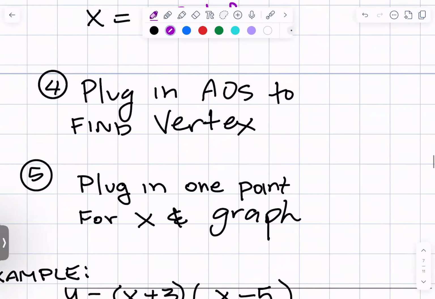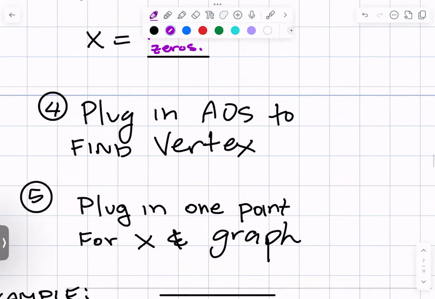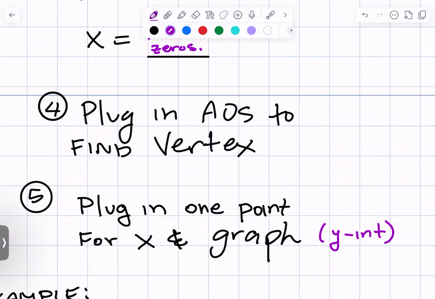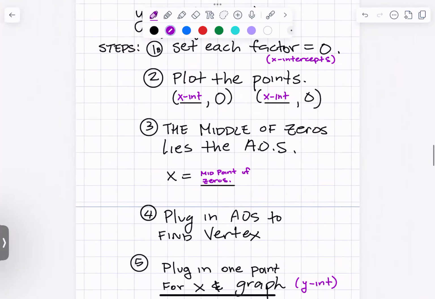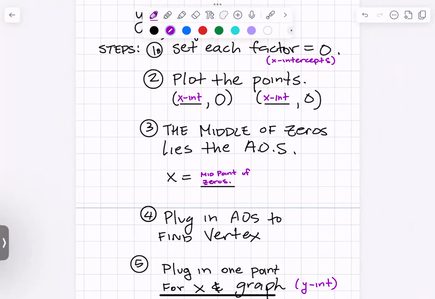So step 5 is plug in 1 point for x and graph. That point is usually going to be my y-intercept. Okay, so we're going to find our y-intercept and then graph it. And then once we find our y-intercept and graph it, we're going to use our axis of symmetry to find our 5th point. Okay, so those are the steps to graphing in factored form.